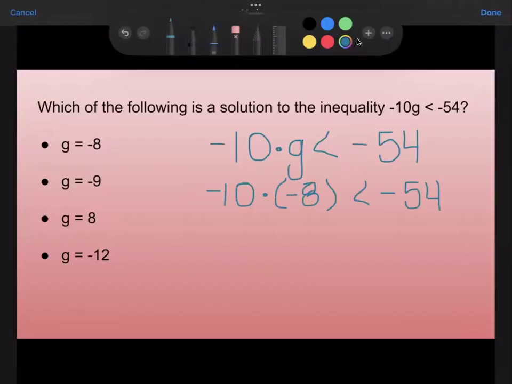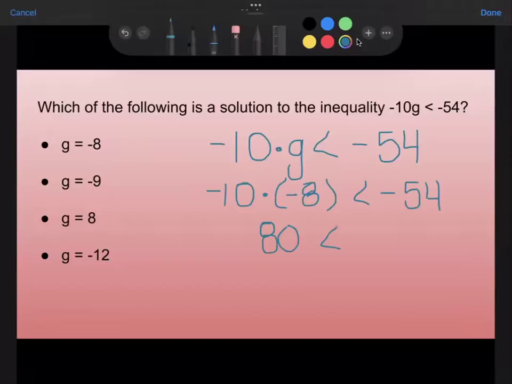Let's evaluate negative 10 times negative 8. That should be positive 80, because whenever you multiply two integers that have the same sign, you get a positive answer.